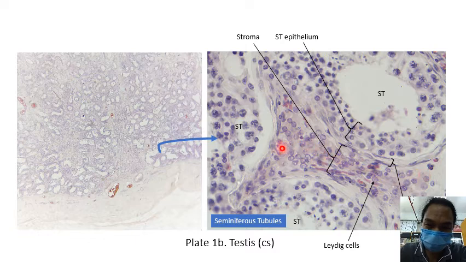The stroma supports blood vessels, and cells which specialize in the secretion of testosterone, known as the interstitial cells of Leydig. Okay, so there are cells here that are sort of vacuolated, and those are the interstitial cells of Leydig.